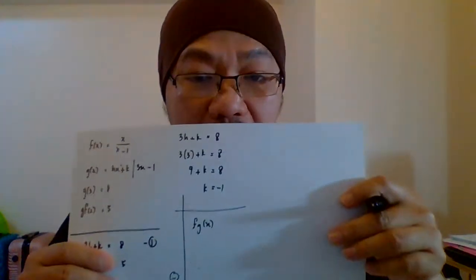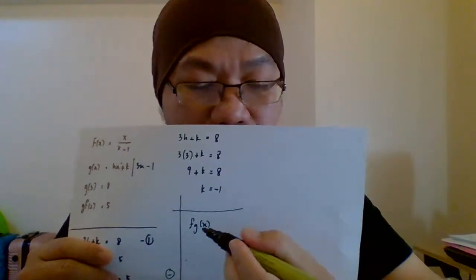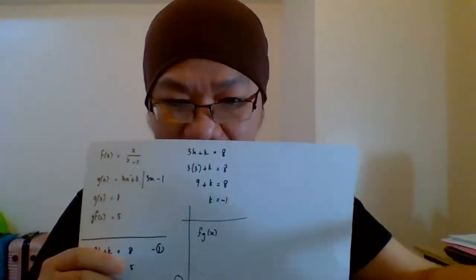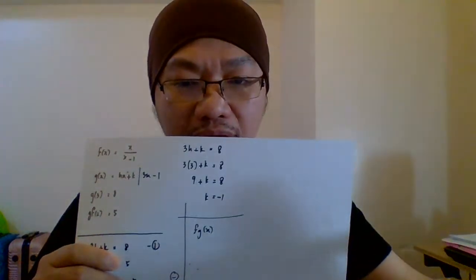So what I can do here is find the composite function FG first. To find the composite, just write down FGX. The question gives you FGA, but now I'm using FGX. Back to the basic rules.